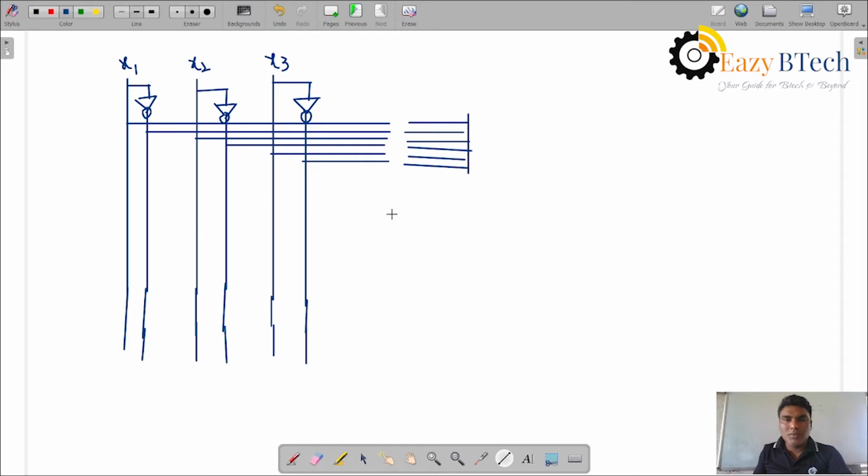This is one AND gate, a programmable AND gate.